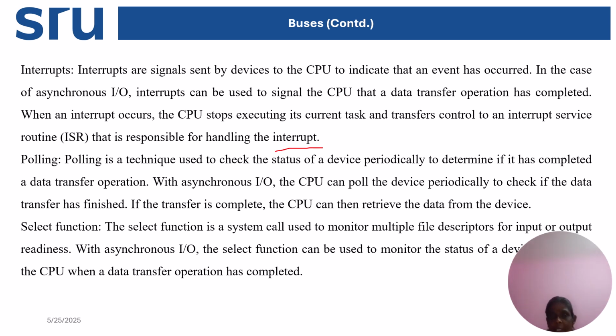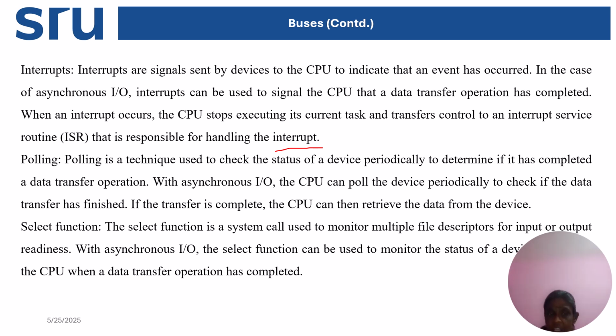And then polling. Polling is a technique because nowadays there are multiple processors, so many IO devices may be connected. Which IO device is asking for the data transfer? The CPU does not know. That is why the polling technique is used.